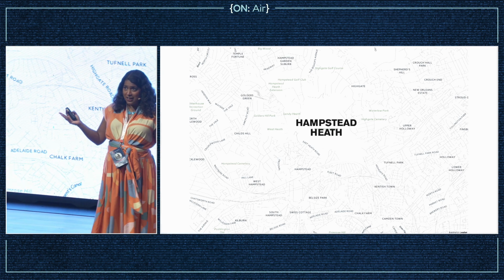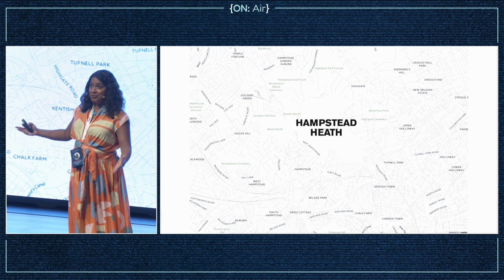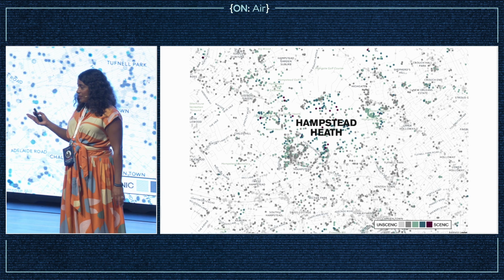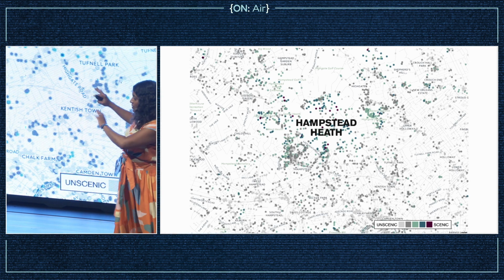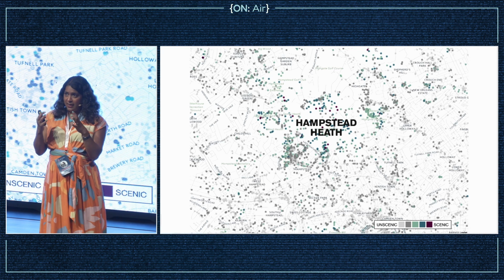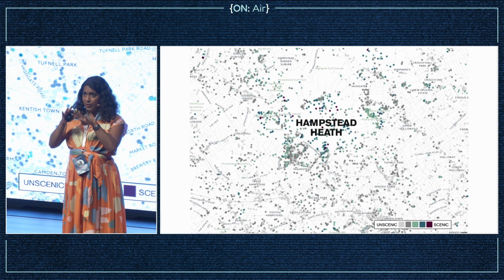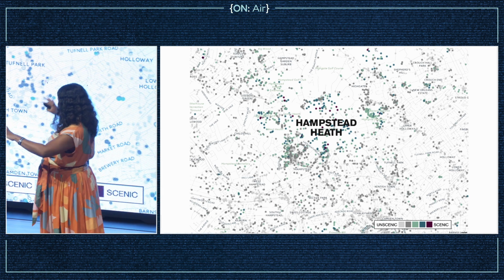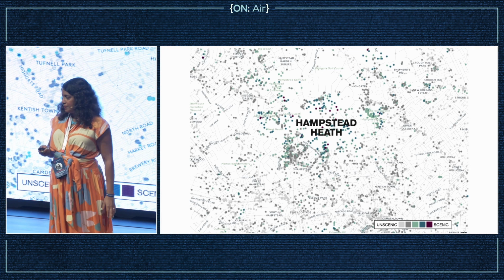It was a lifesaver during lockdown because it was such a beautiful place to skate to. In the map, whatever's colorful, green and purple, is scenic. Gray is not scenic. And all around Hampstead Heath, it's basically decided that this is a beautiful area.